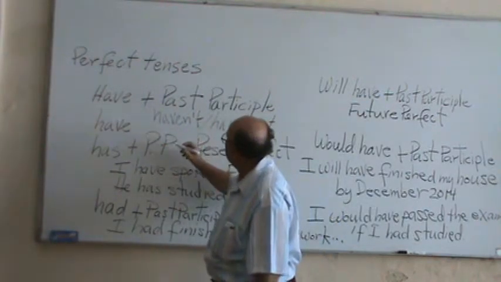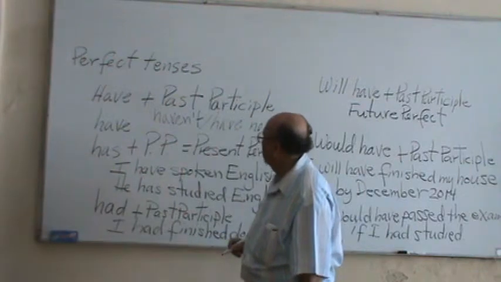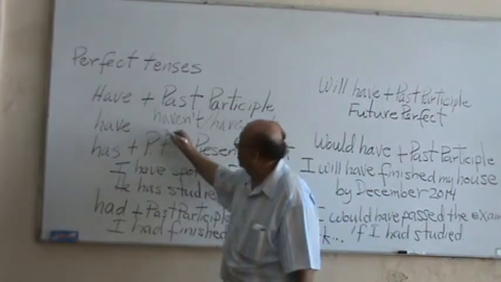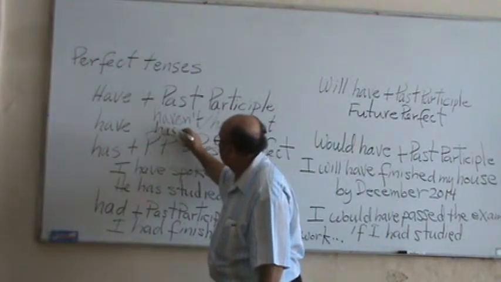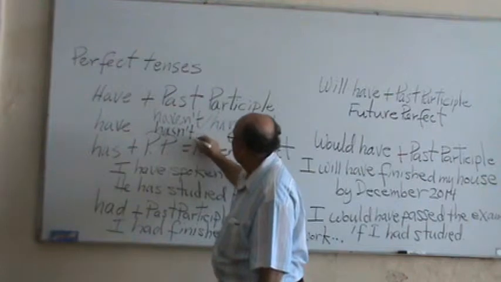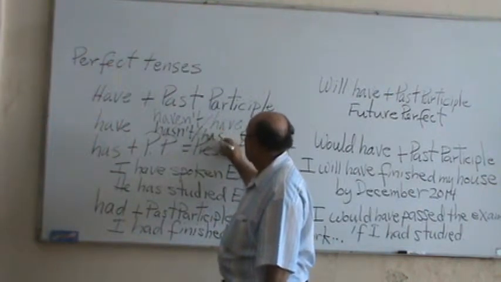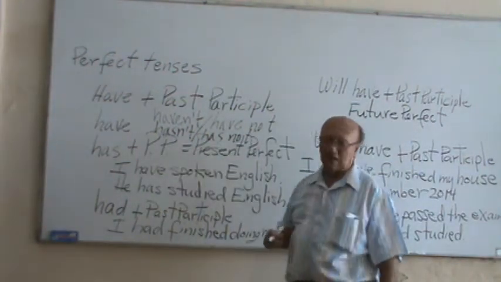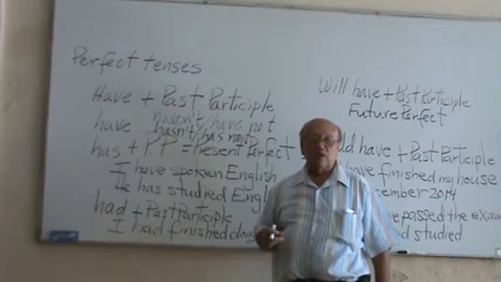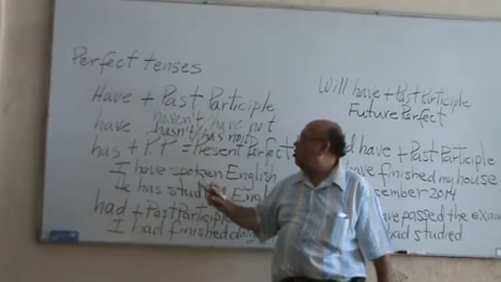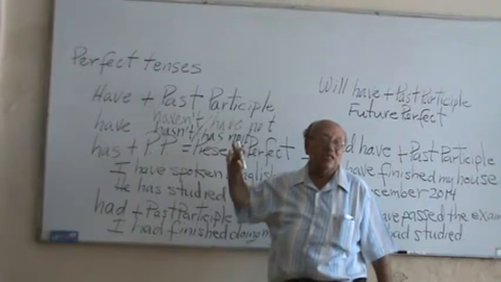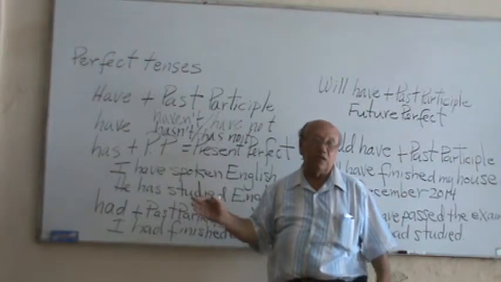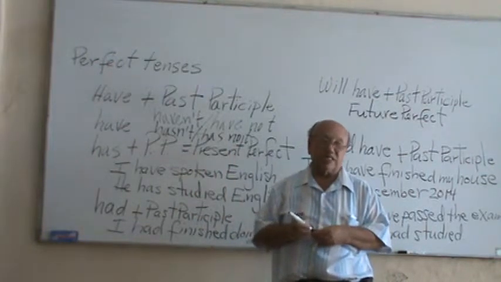Haven't with an A here. Hasn't. Hasn't is the other one for the third person singular. Hasn't or has not. Okay? So, this is the negative. You use haven't or hasn't between the subject and the past participle of the main verb, and you have the negative in present perfect tense.